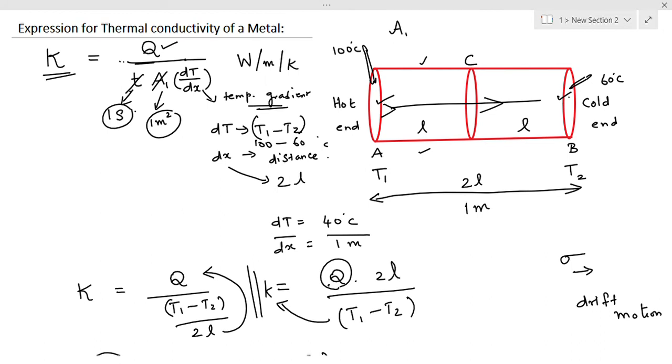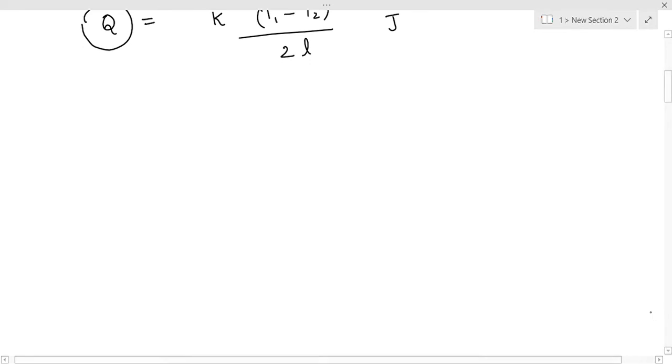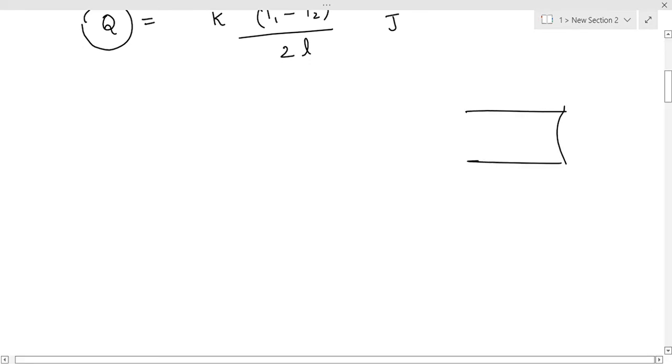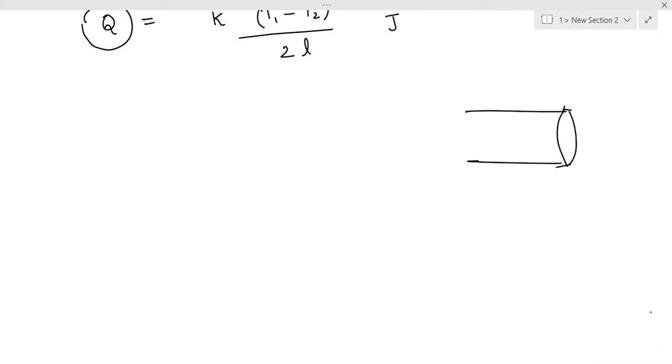That is, the electrons in this metal rod will not have a drifted motion, but will take up any one direction. Let us take it is along the positive x direction, positive x axis.